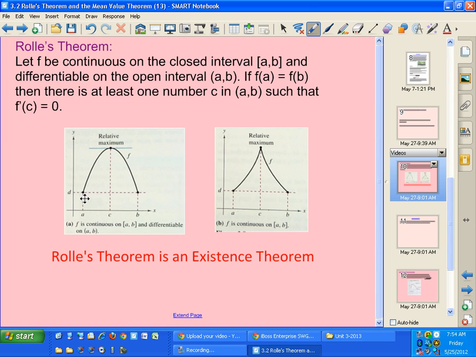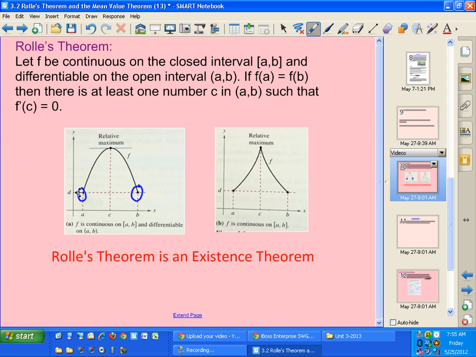So Rolle's theorem basically says this: if you can show that by plugging a into a function and getting a y value, and plugging b into the same function and getting the exact same y value, then somewhere between a and b the function had to turn back, if it was continuous.